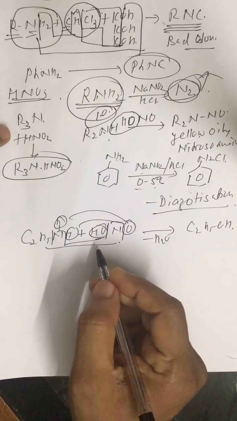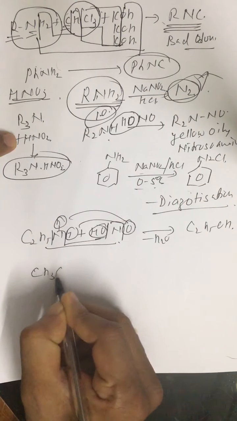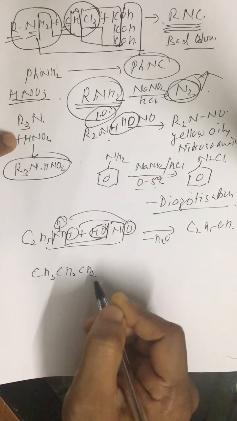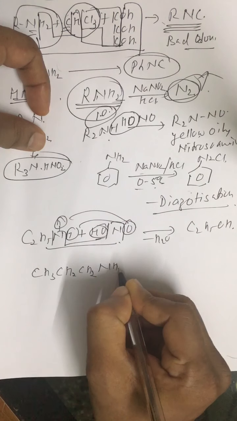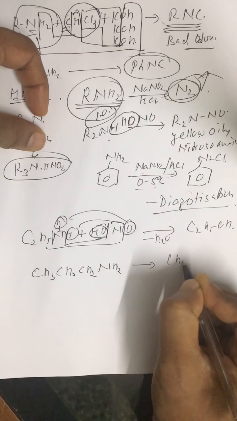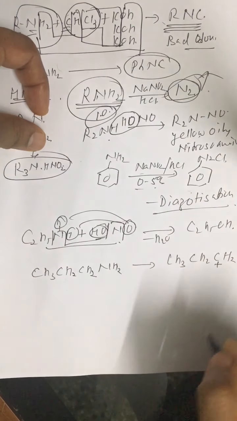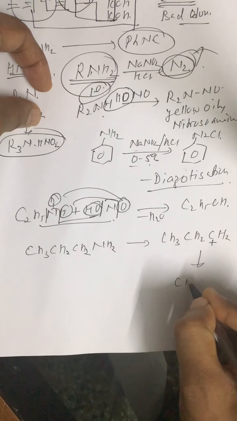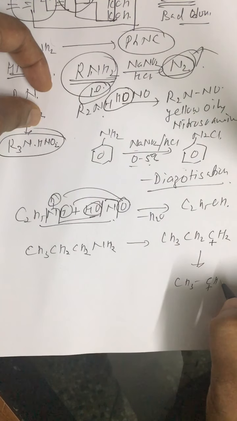During this reaction, in fact, if you start with, say, propylamine, a comparatively higher level question, in the mechanism you will find that you get a CH3CH2CH2 positive carbocation, and then the positive charge shifts to the central carbon atom.